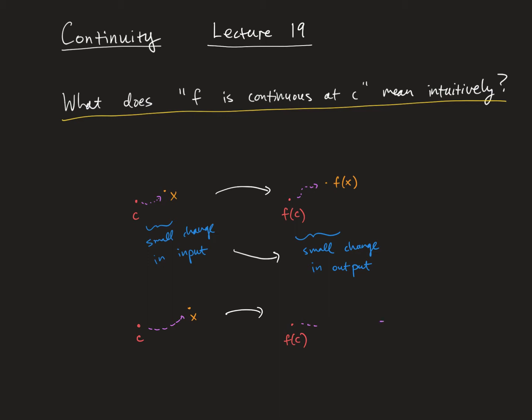There's one giant step, sort of abruptly bringing you to f of x. There's this kind of break in the picture. So this would be sort of the discontinuous picture. Or at least that's kind of roughly the idea, right?